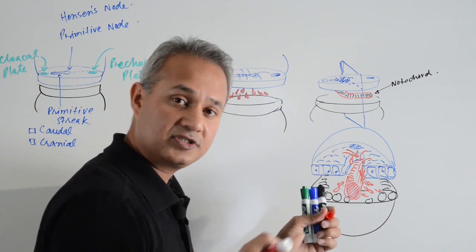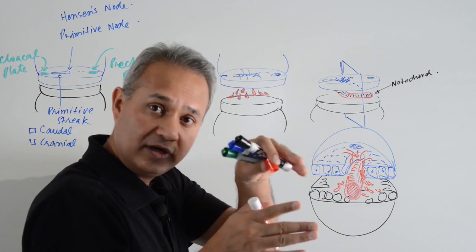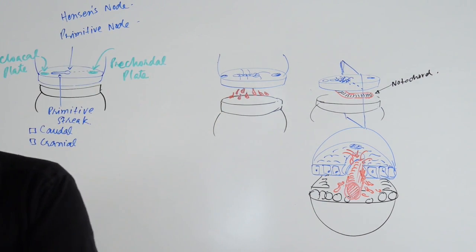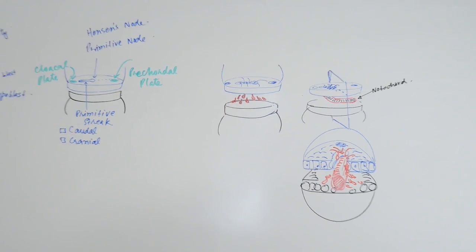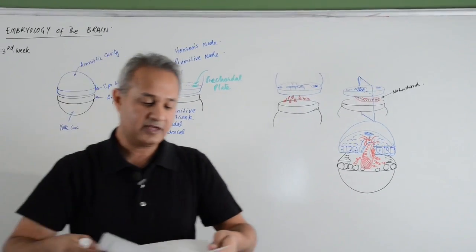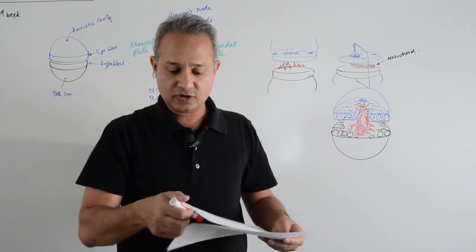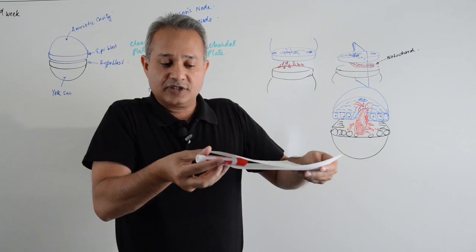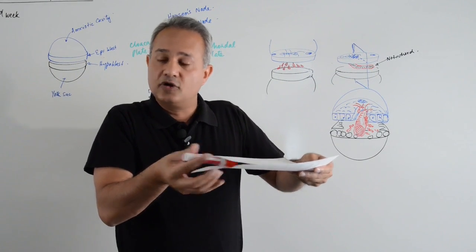It's a tubular structure in the center between the two layers. So if there were two layers, between the two layers a tubular structure has appeared. This is the notochord.